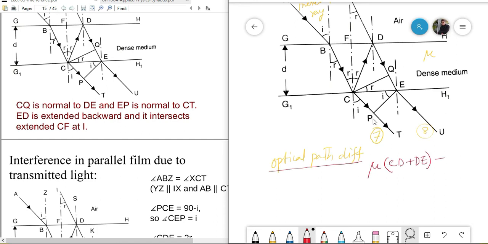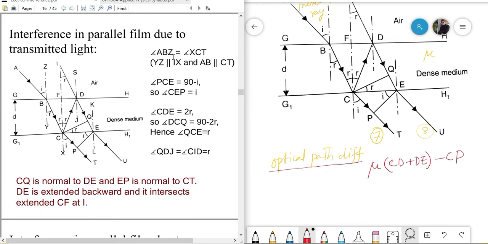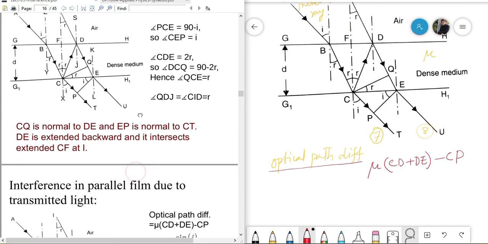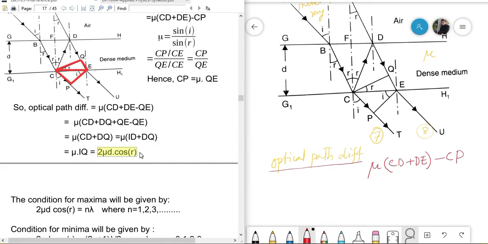Now to convert this CD and DE and CP into our known terms, that is the incident angle i or the refraction angle r, and then the thickness d of the film, we follow as we did in the last case, and from some of the geometric principles of right angle triangle from this picture, we can come to this, that the optical path is given by 2 mu d cos r.